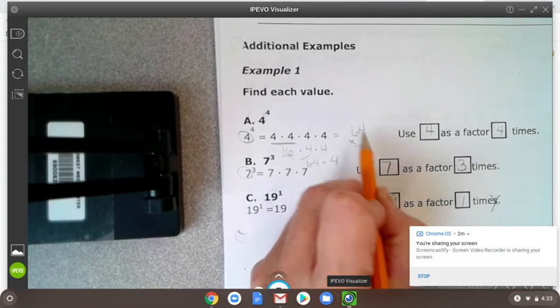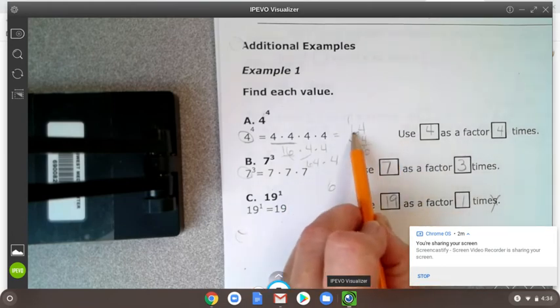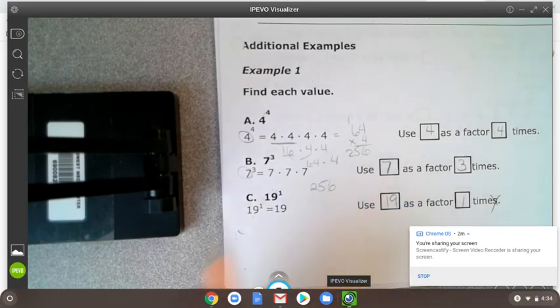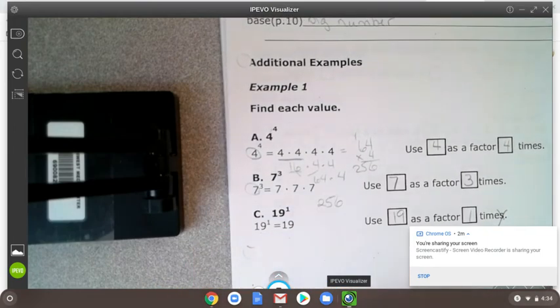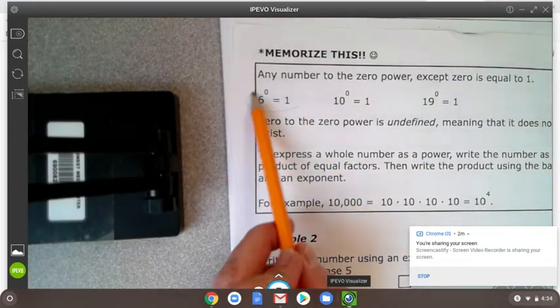I was doing it in my head, but 4 times 4 is 16, carry my 1, 24 plus 1 is 25, 256. And after a while, you kind of get to the point where you start memorizing these because you use them so often.